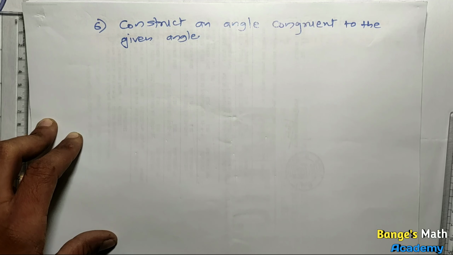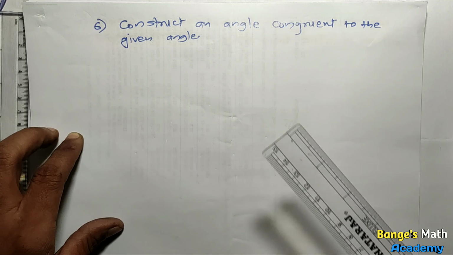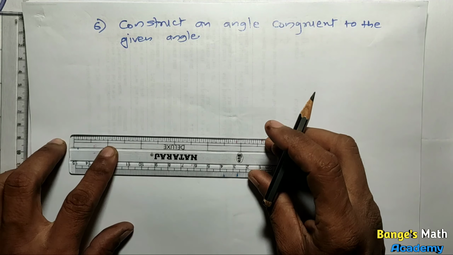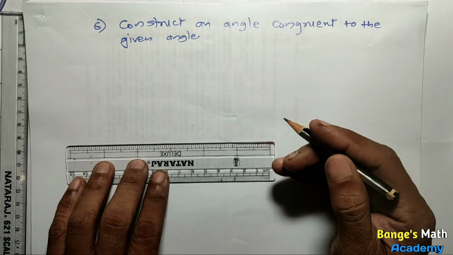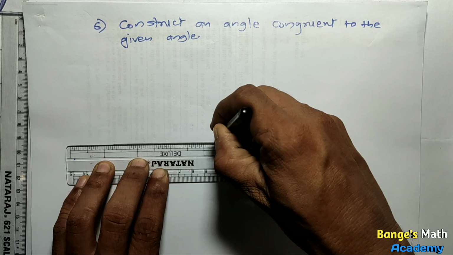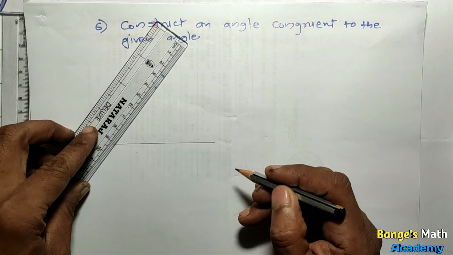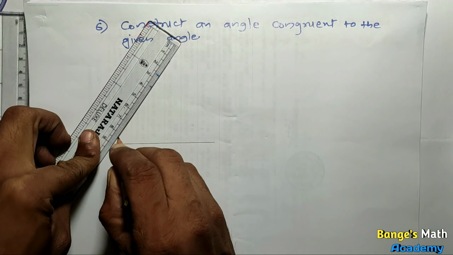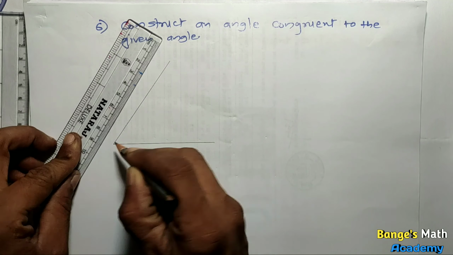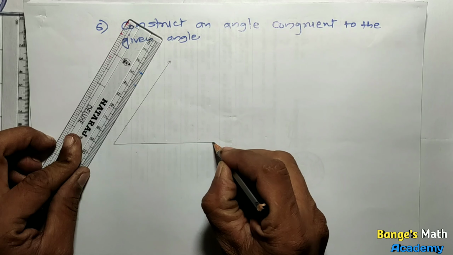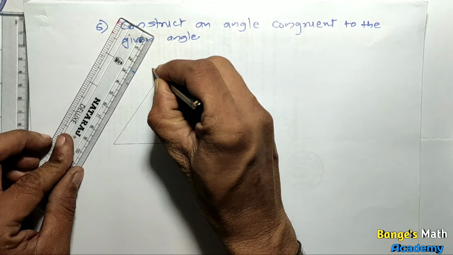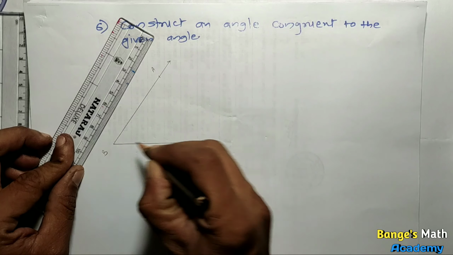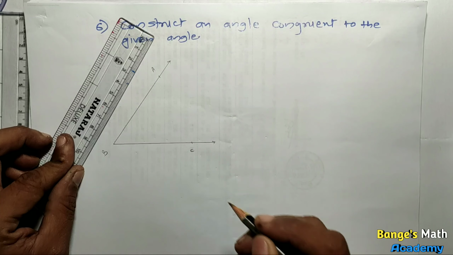Construct an angle congruent to the given angle. So, draw any angle ABC.